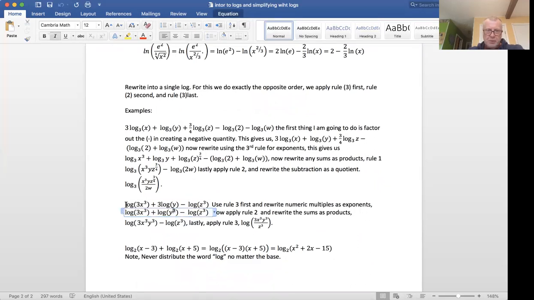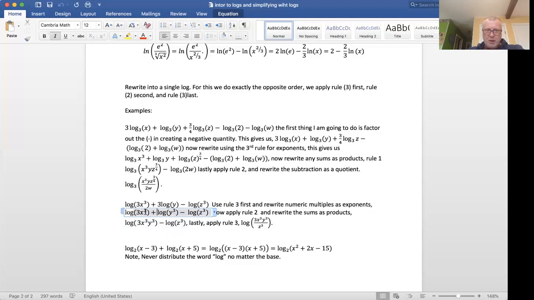Then we look for addition. These two logs right here, this log of y cubed and this log of 3x cubed, are added together. So that means we're going to write that as a single log.